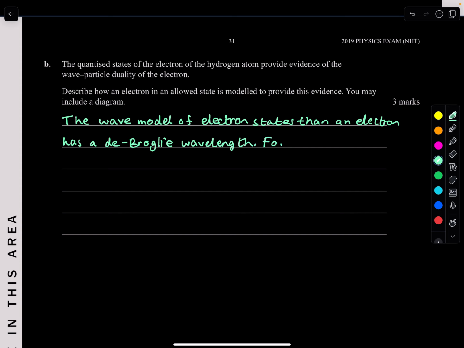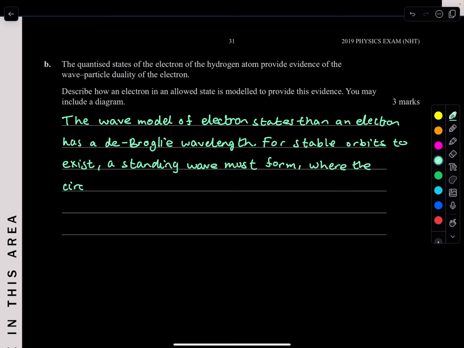So, for stable orbits to exist, a standing wave must form, where the circumference of the orbit is an integer multiple of the wavelength.